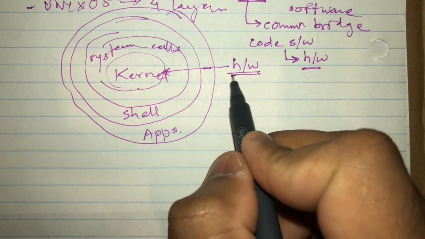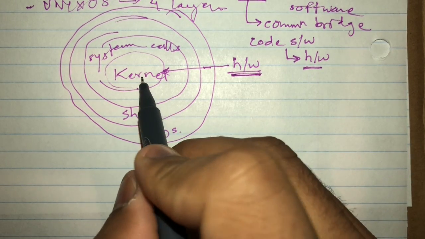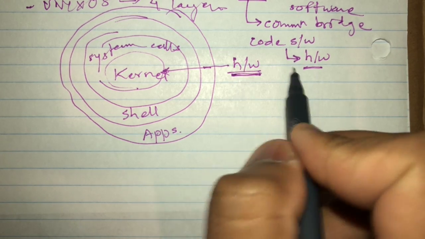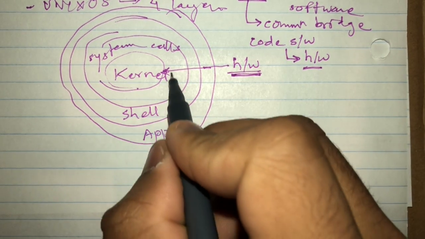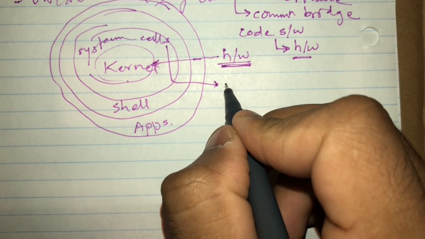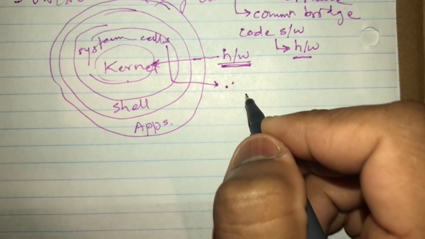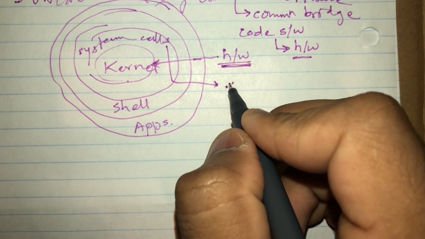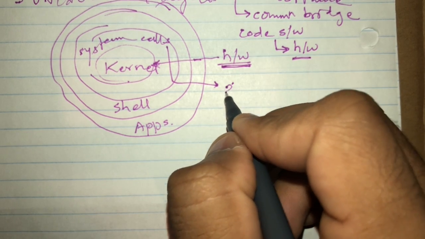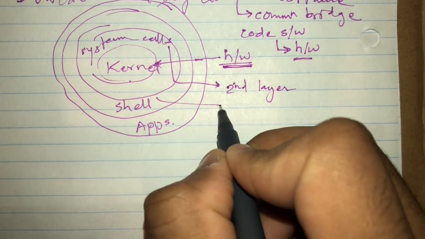It directly works with hardware, so whenever you initialize any command, it is the kernel's job to execute that command on the hardware. The kernel is surrounded by system calls. If you want to connect to a new printer, or any kind of system call you can think of, those system calls are executed from the second layer of the architecture. The third layer is shell.